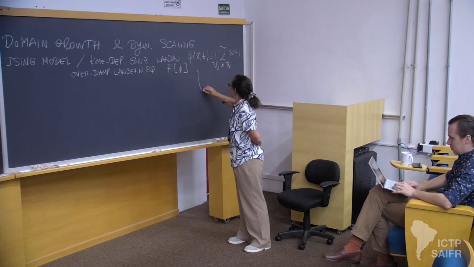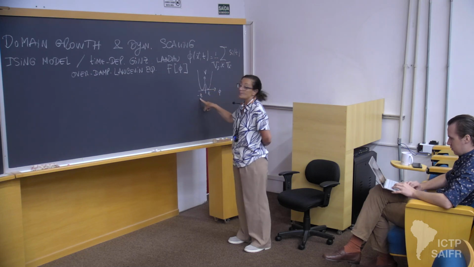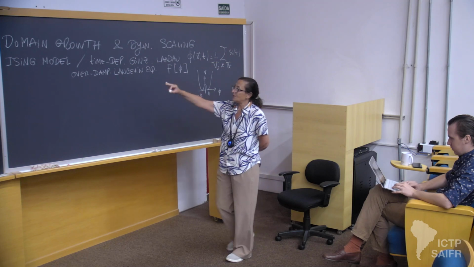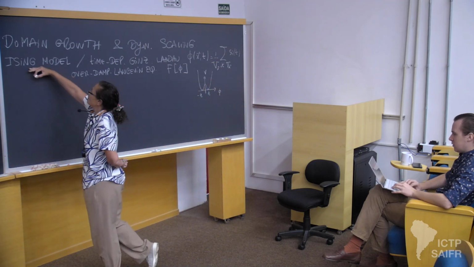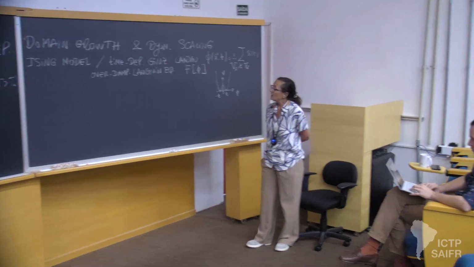So basically, this force derives from a two-well potential with two minima at minus phi naught, plus phi naught. And these are magnetization up, magnetization down. So you can do it both in Monte Carlo dynamics for Ising or overdamped Langevin for Ginzburg-Landau.